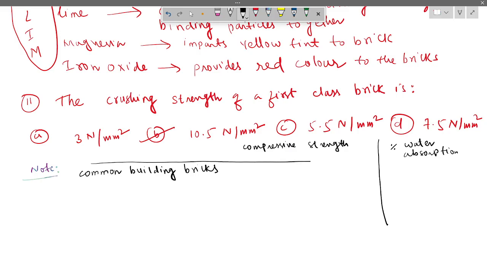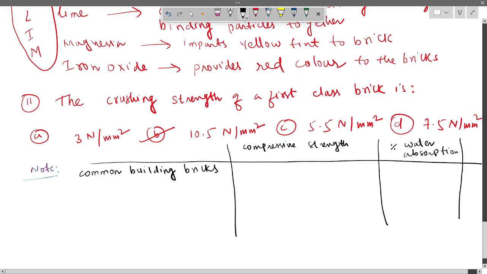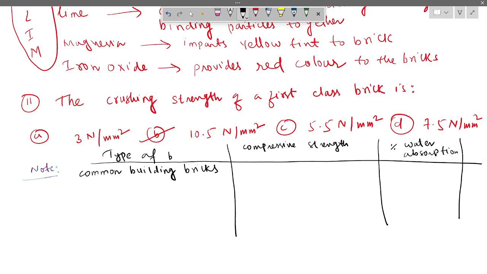So note down this table. Here we will write type of the bricks. Common building bricks: compressive strength 3.5 Newton per millimeter square, and water absorption should not be more than 25%.